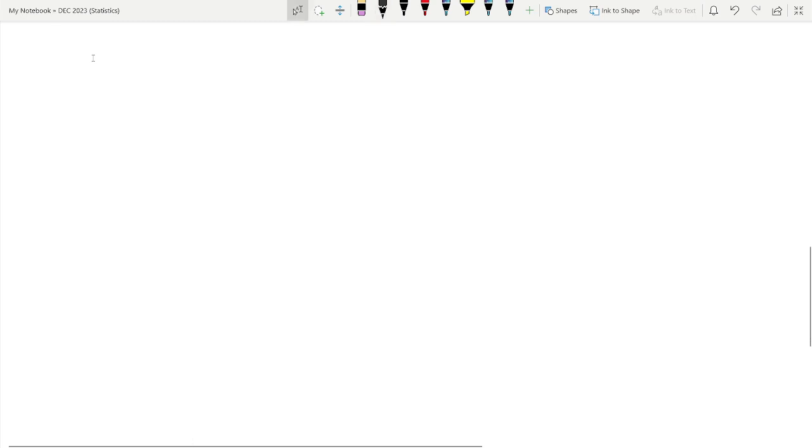Combined variance is denoted by capital S square.